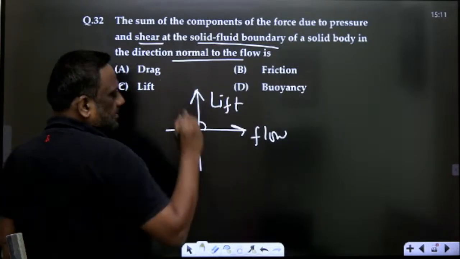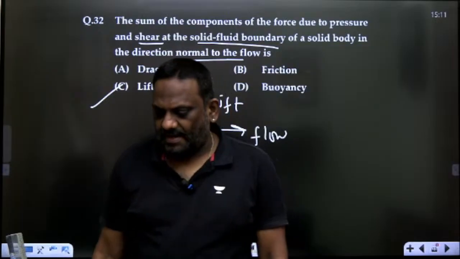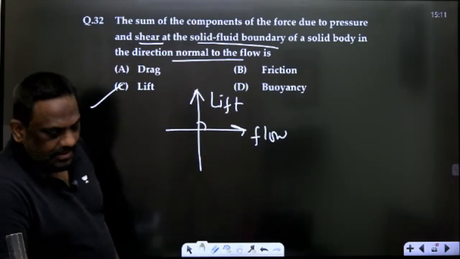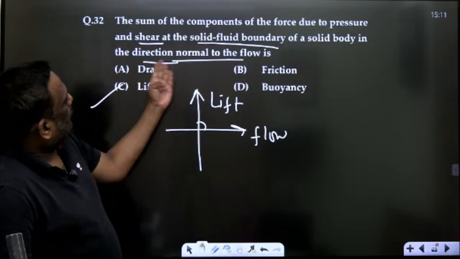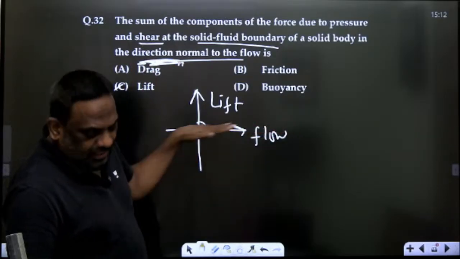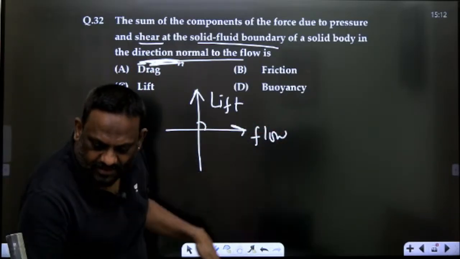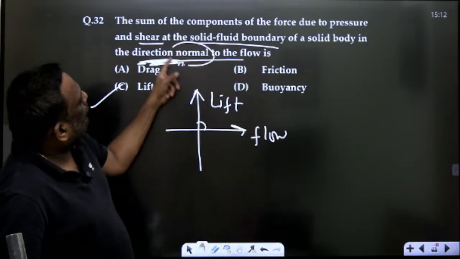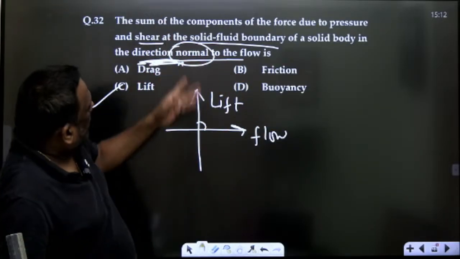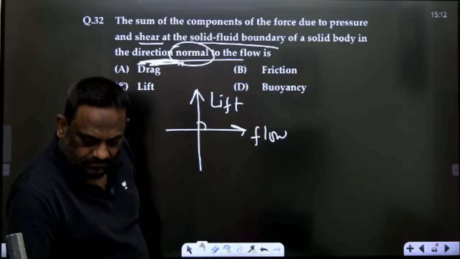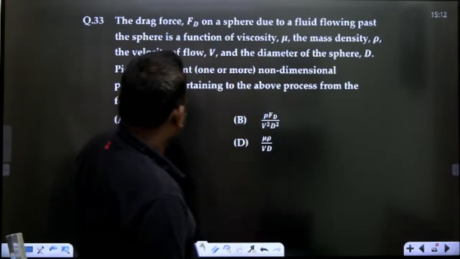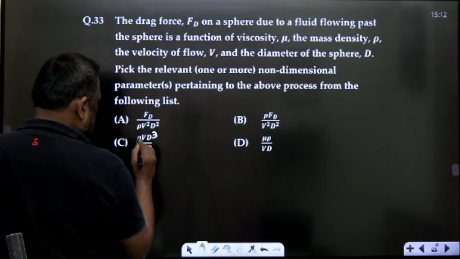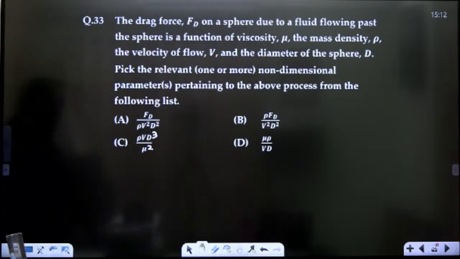He has not asked in flow direction, so in a direction normal to the flow, फ्लो के नॉर्मल में पूछा है, तो लिफ्ट क्लियर.